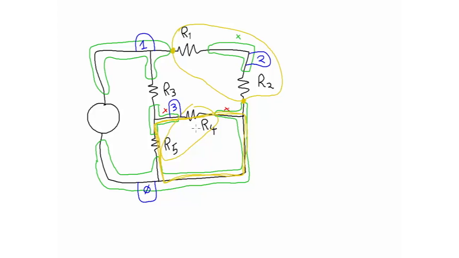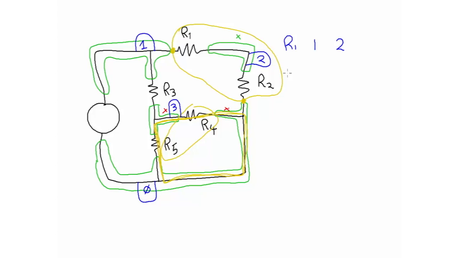Once you've numbered the nodes, it's possible to effectively capture the circuit in what's called a netlist format. And what you do is you write each branch. So let's start with R1. And you say R1 touches node 1, and it touches node 2.